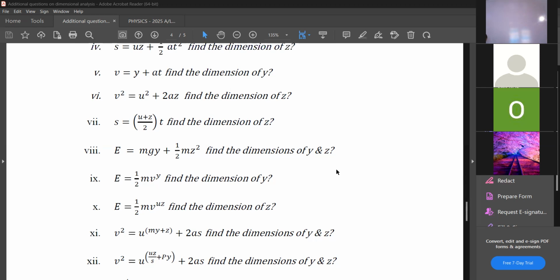Yes, the second one is correct. The seventh one is okay. The ninth one is also correct.